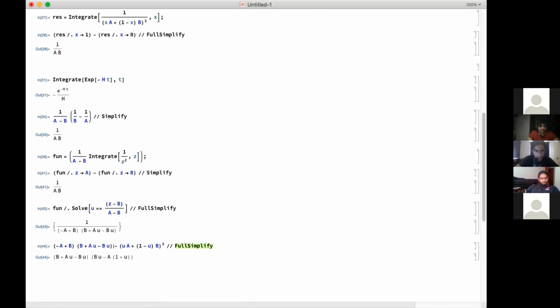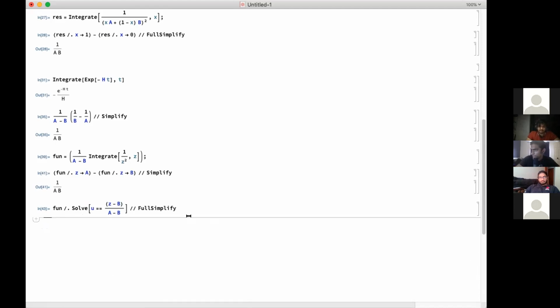Okay, let's see if I made some mistake. No, because there's an integration measure that I have to include. Let's just see if it works. No, it's not going to work.